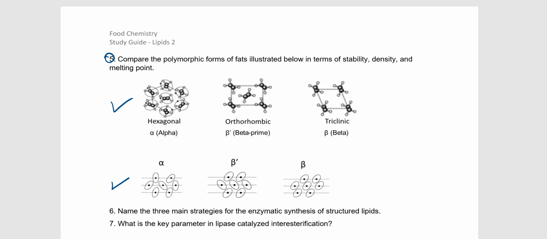This one is another illustration. It's easier to understand, easier to see the order of the structure. Alpha has the least stable structure and beta has the most stable structure. So they go like that in terms of stability, density, and melting point. Again, the critical point is packing.